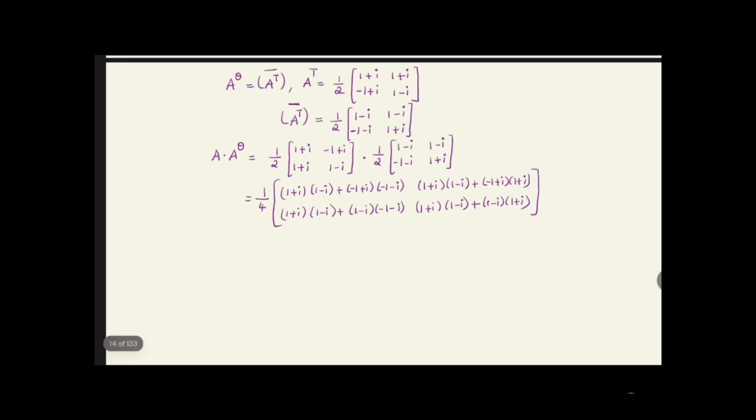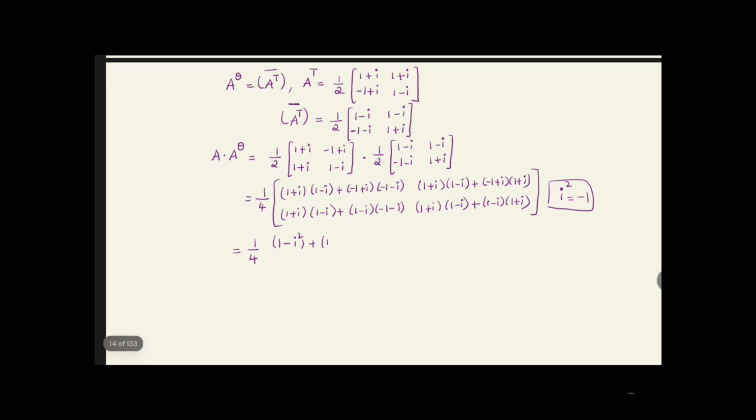Now let us solve this. We know that i square is equal to minus 1. This we already know. Okay, now we'll make use of this. So 1 by 4 into 1 plus i into 1 minus i is a plus b into a minus b, that is a square minus b square, plus minus 1. We have to multiply these two. Second, minus 1.